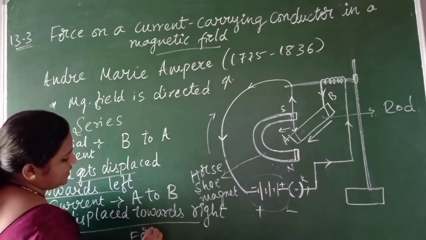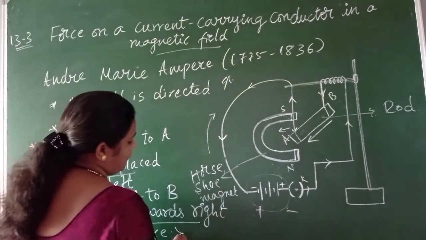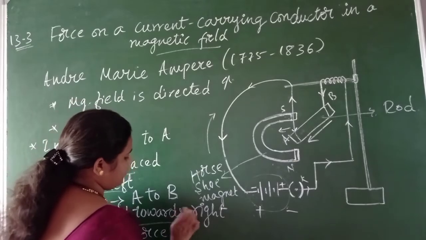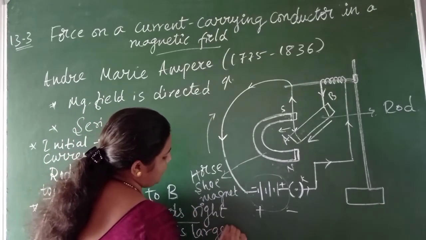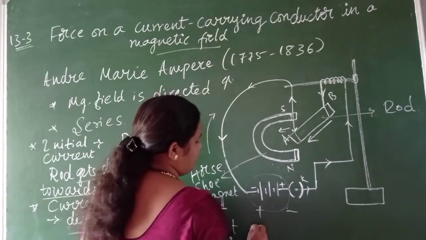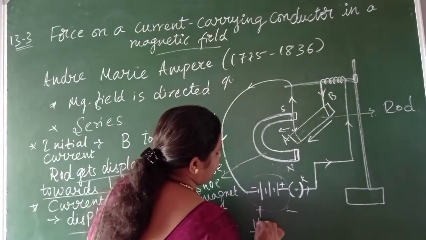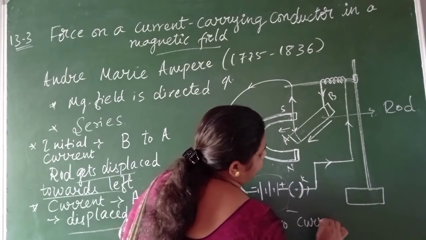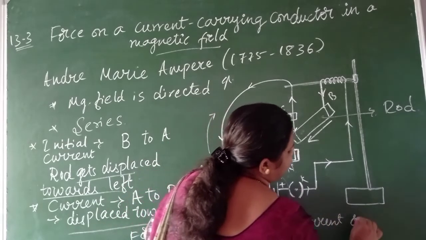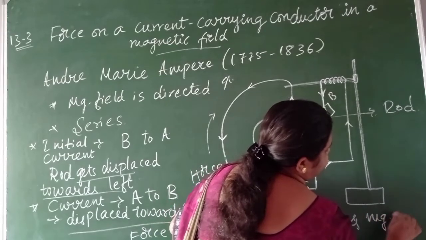The force becomes highest when it is perpendicular to the current and magnetic field.